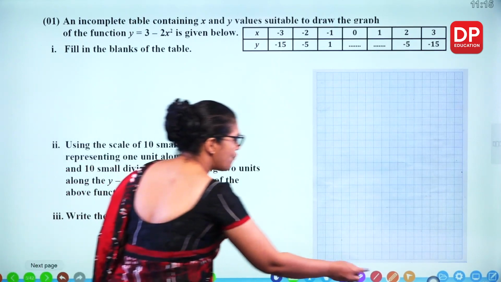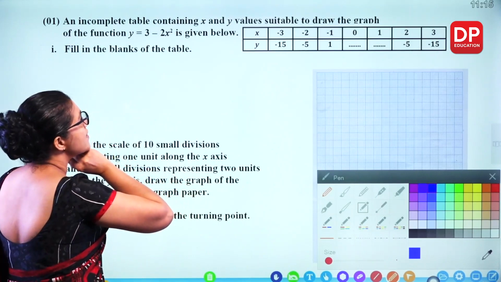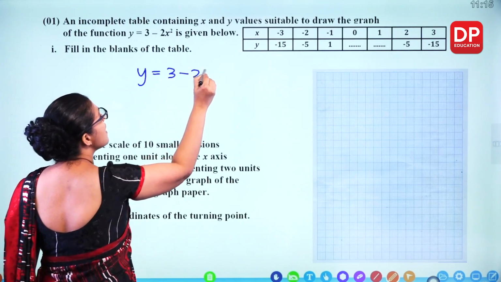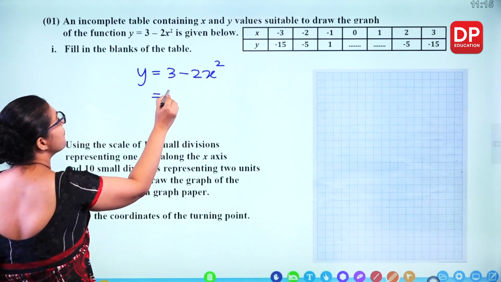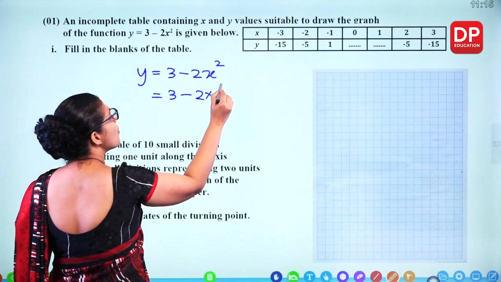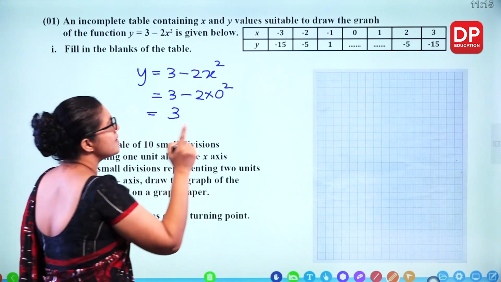So you are asked to find out the y values when x equals 0. So what you do? You take the equation and substitute the values. X equals 0 first. 0 squared, that's 0. So you get 3. So this value is 3.